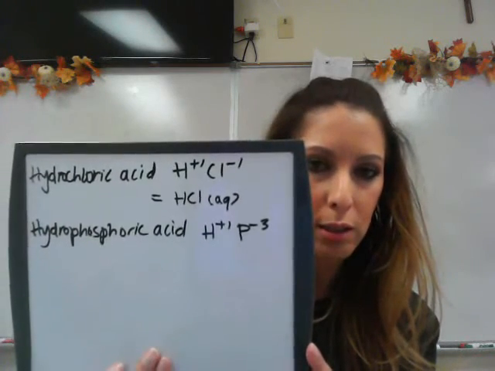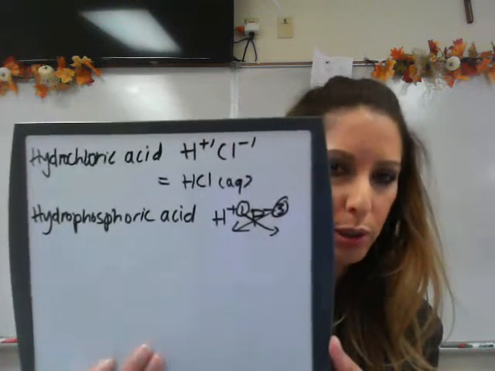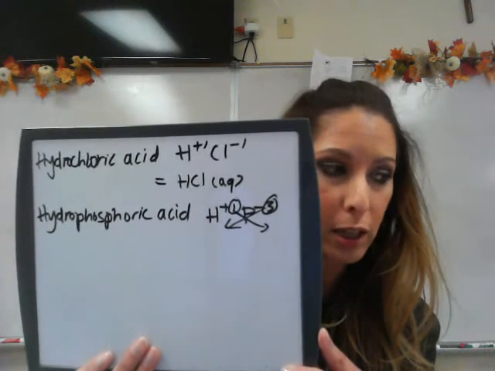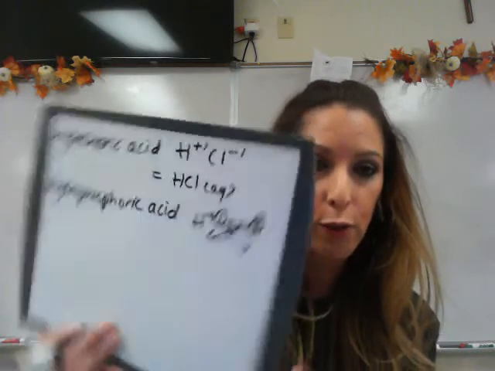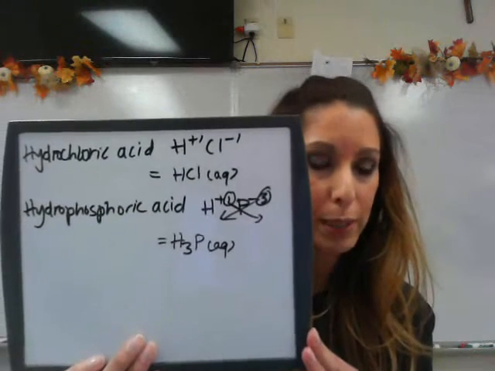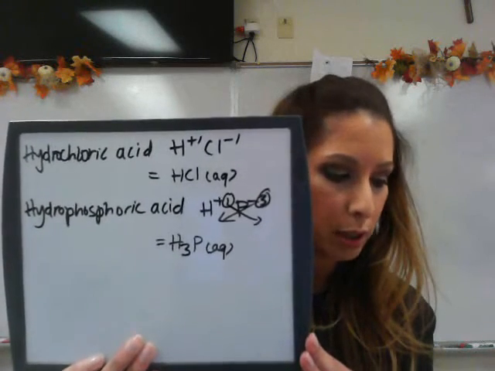We're going to cross the numbers in the charges. So the 1 is going to go down, and so is the 3. They become the subscripts on the other elements, but we don't write the number 1 as a subscript. So here, the formula for hydrophosphoric acid is H3P, and you have to write an AQ after it because it has to be dissolved in water.